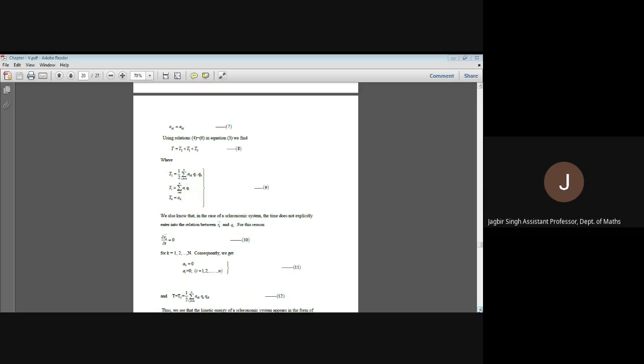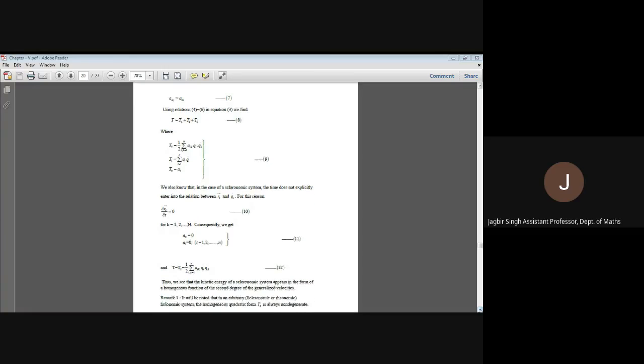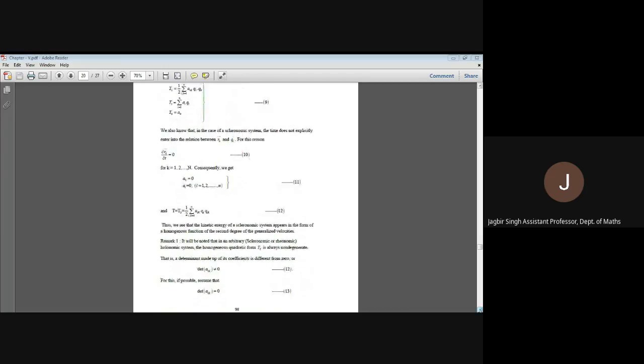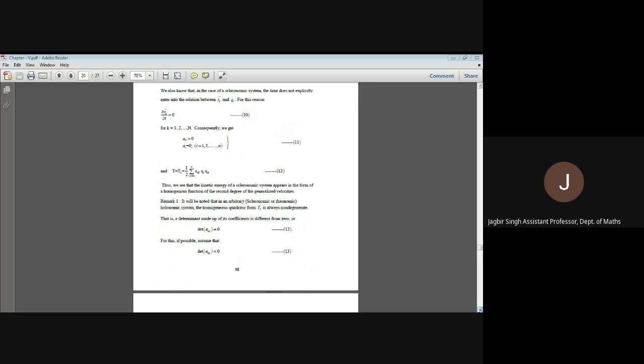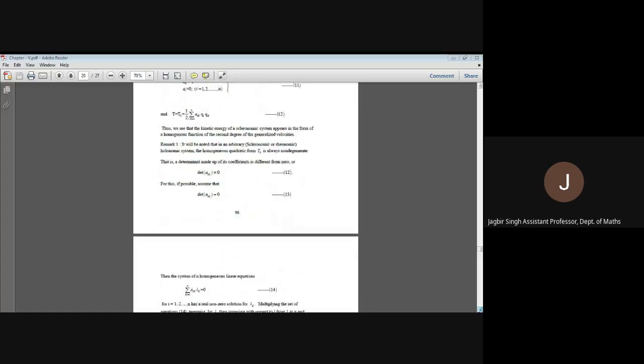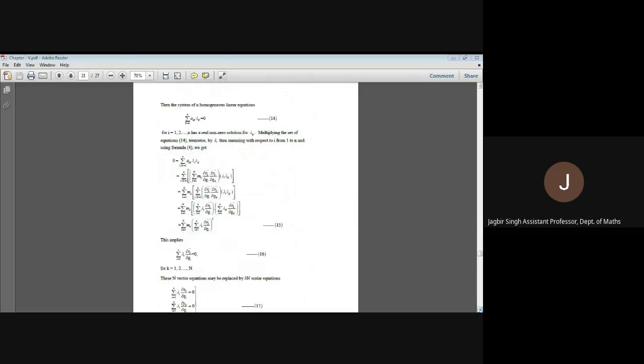Later on, it is discussed that if we are considering a scleronomic system, meaning the terms are independent of t, then a naught will be 0 and ai will be 0. In that case, T will be equal to T2. There are some remarks. You can read them. If you find any problem, we will discuss it tomorrow.